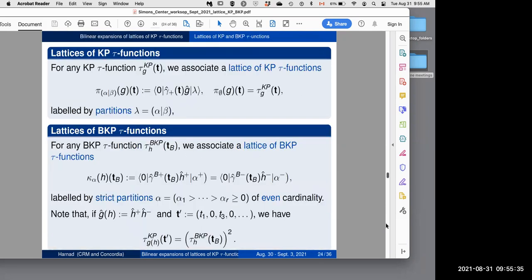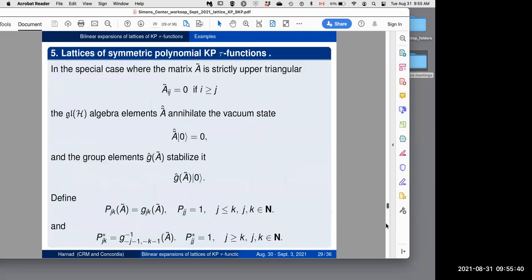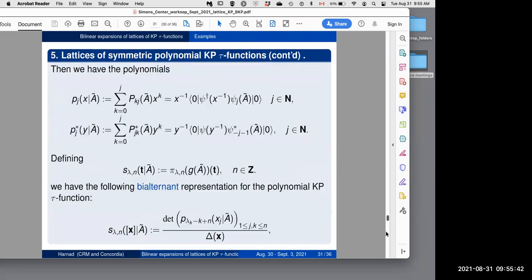And if you do that, you get the following beautiful result, I think beautiful. You generalize Jacobi's bi-alternate formula, which was the definition of the Schur function, to something more general.